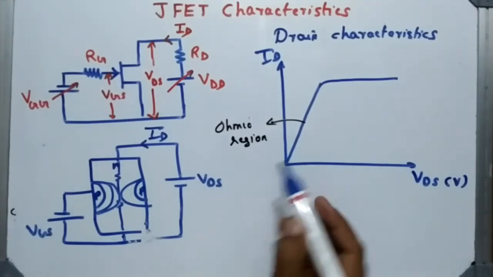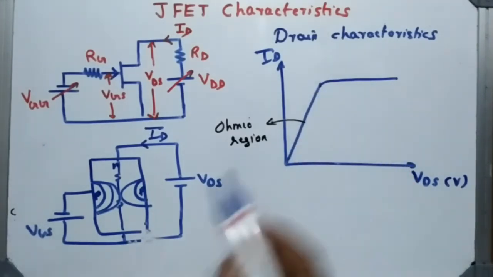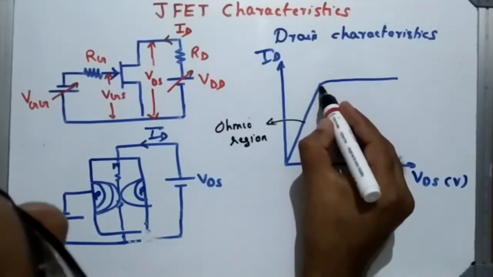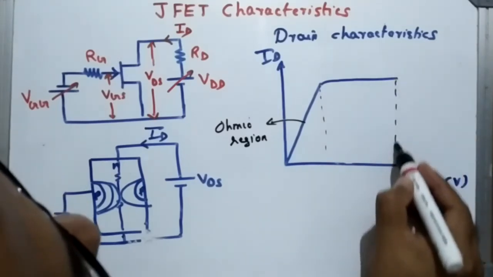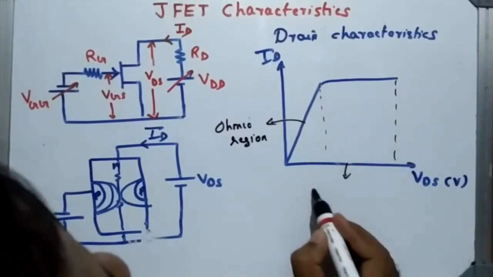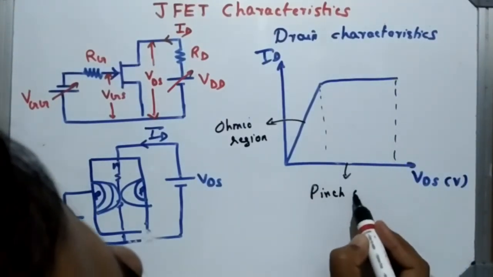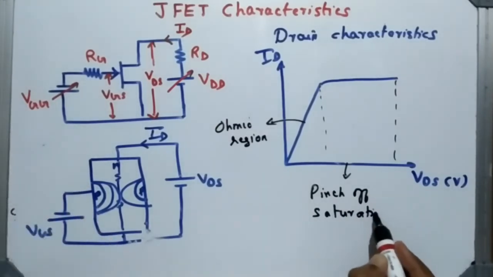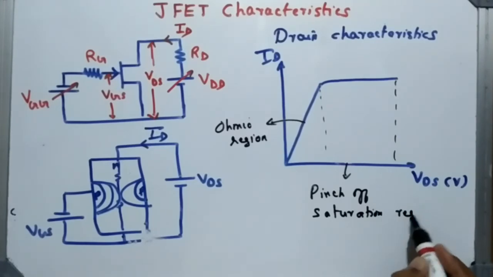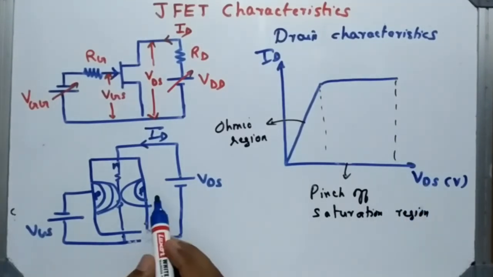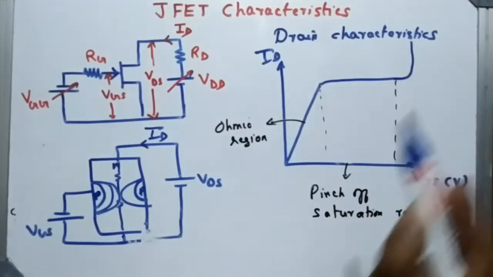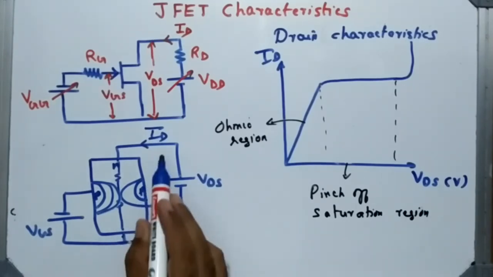the resistance is maximum, even if you apply VDS. Now here this region is called pinch off region or saturation region, from here to here. Now further, if you increase VDS, the channel will break and large current flows through the FET.